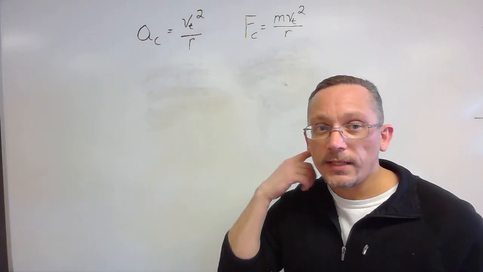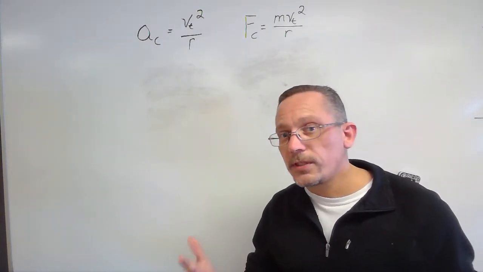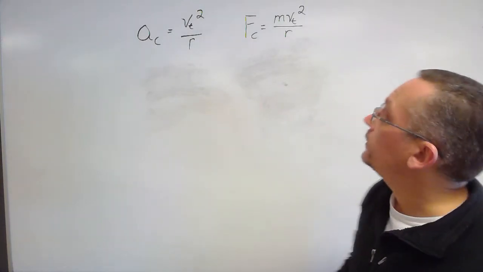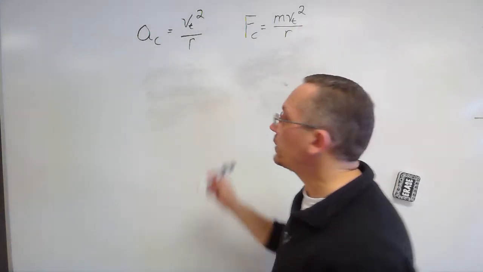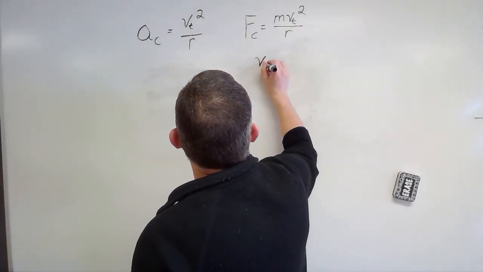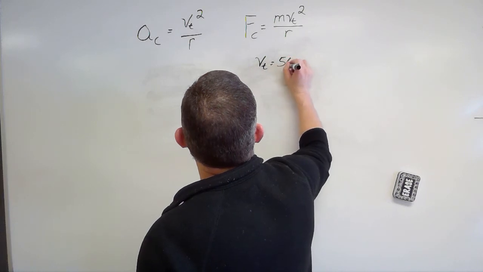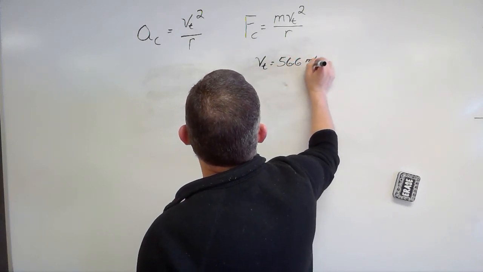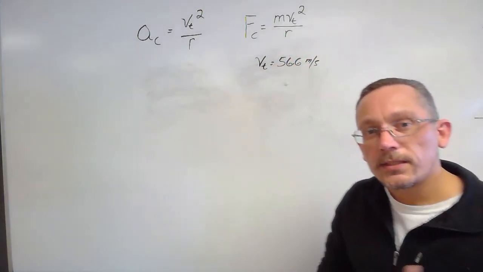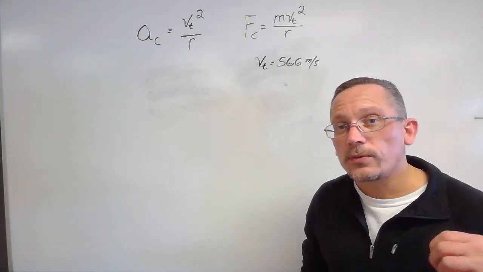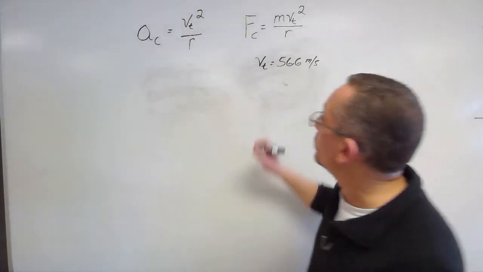It says that it was flying at 56.6 meters per second. That would be the tangential velocity. It says that the radius of its circular path was 188.5 meters.